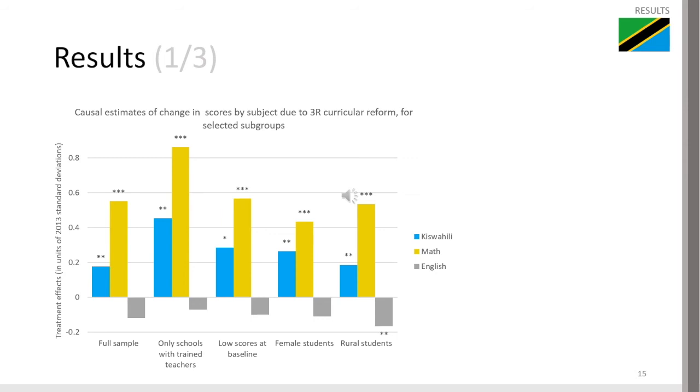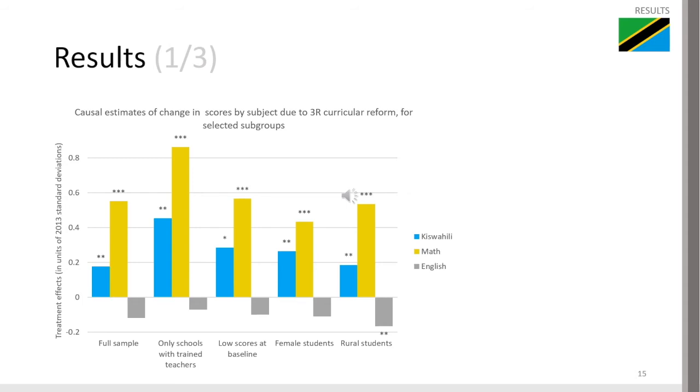When we look at heterogeneity by student characteristics, we actually don't see much difference across those characteristics. We don't find any differences between students who had low test scores at baseline versus high test scores at baseline. We don't find any differences between boys and girls in terms of the effects of this reform.